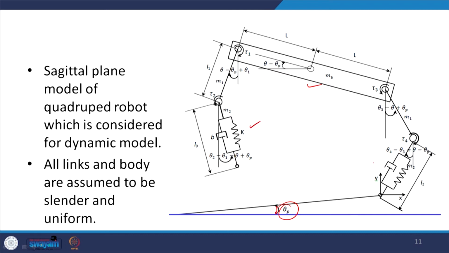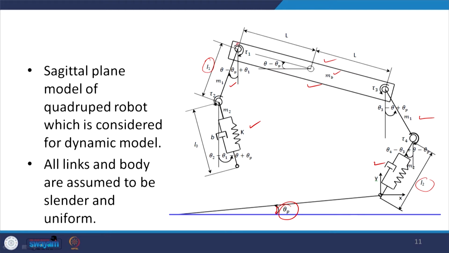These are the bottom links which are compliant, and this one is the rigid link, this one is the rigid link, and this is the body basically. Other parameters are specified over here, such as link length L1, and the mass of the bot.